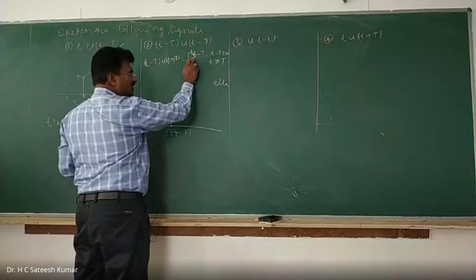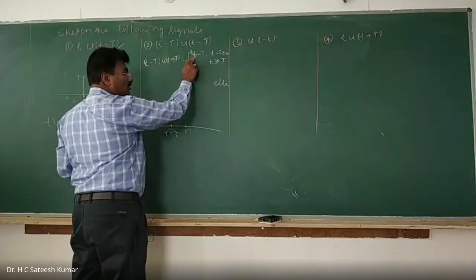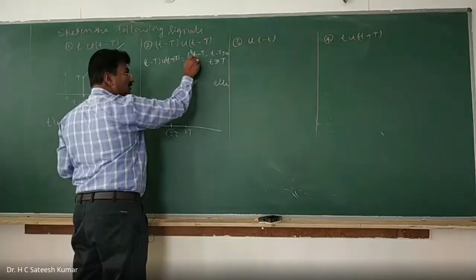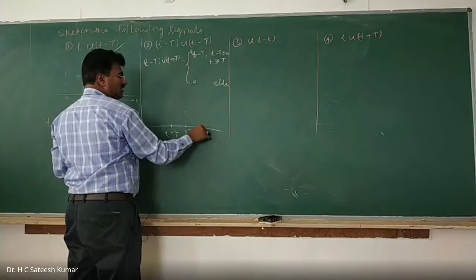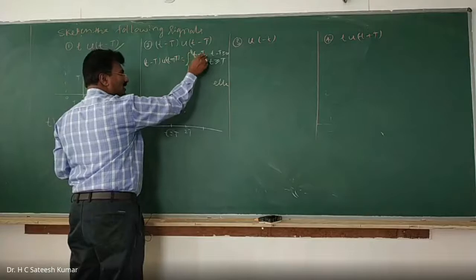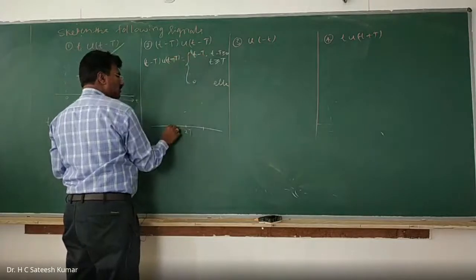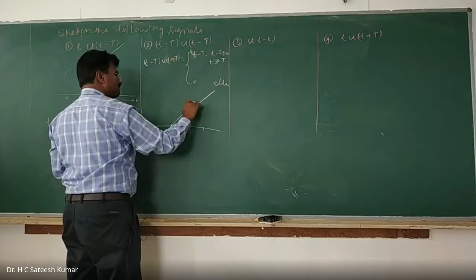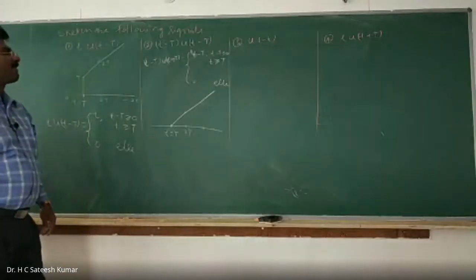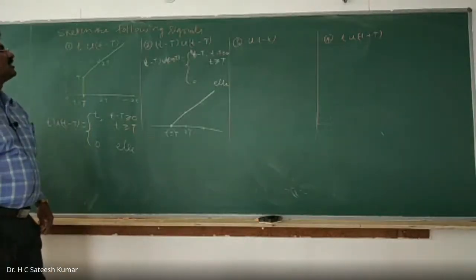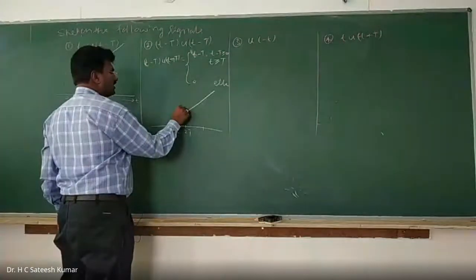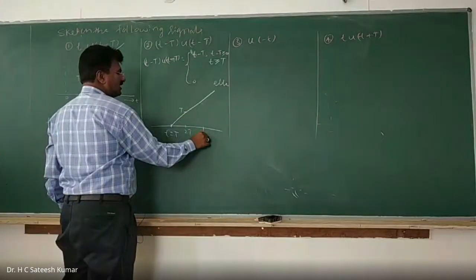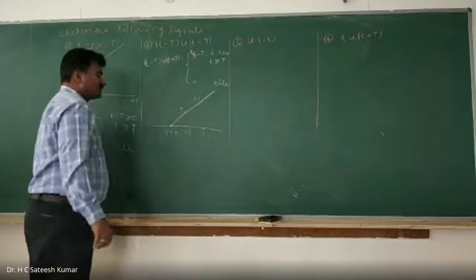It is T. So at 2T its value is T. At 3T, 3T minus T is 2T. So this is how we should write t minus T. At t equal to 2T, its value is T; at 3T, its value is 2T. Like that, we should write it.